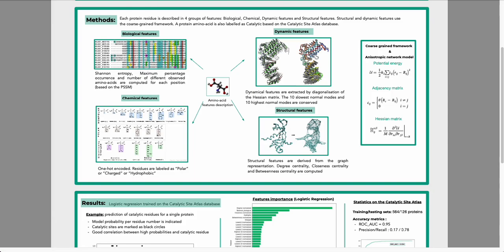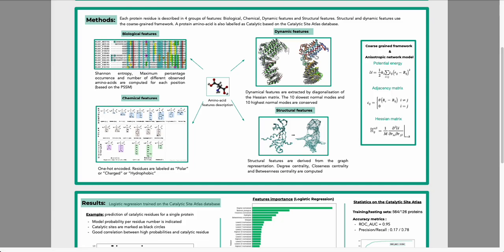To start with the biological features, we compute from the PSSM matrix the Shannon entropy, the maximum percentage occurrence, and the number of different observed amino acids for each position.